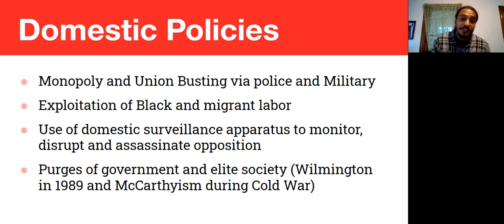Some of our other domestic policies are the exploitation of Black and migrant workers. Obviously, we had slavery, but it didn't just stop at slavery. What we did was we created the 13th Amendment, and it gave this giant loophole to the South, which is if you are arrested for a crime, you can still be enslaved.